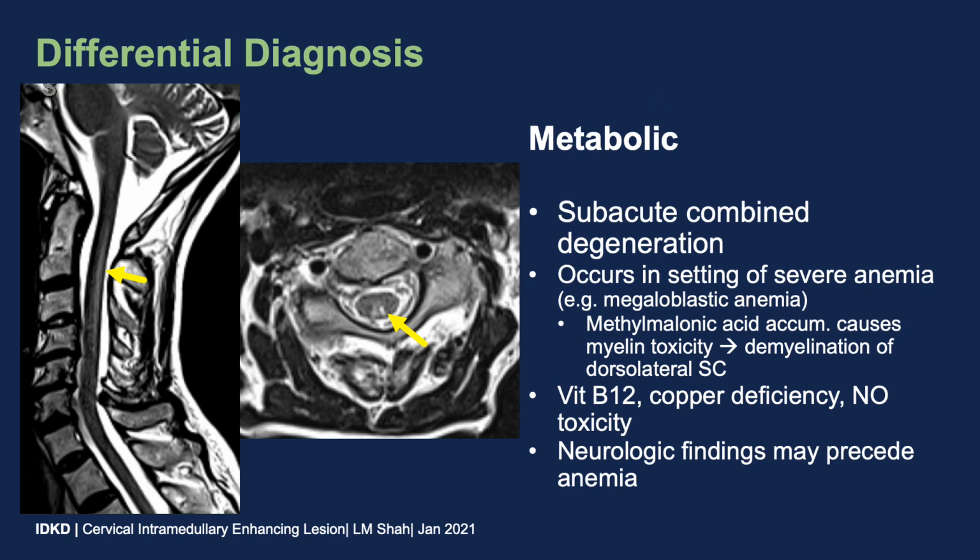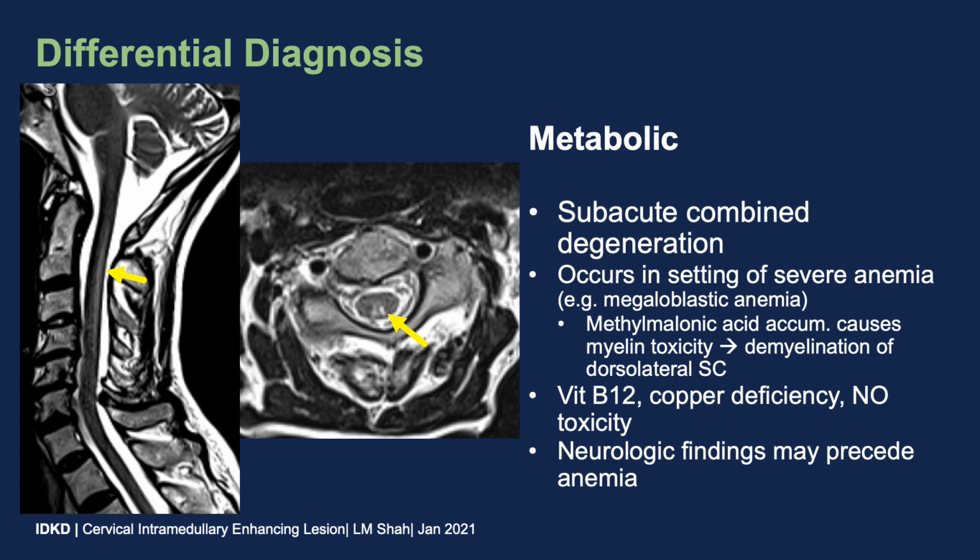Our next intramedullary consideration is a metabolic process. Subacute combined degeneration involves the dorsal columns. Patients present with paresthesias and proprioception loss. This occurs in the setting of severe anemia, such as megaloblastic anemia.